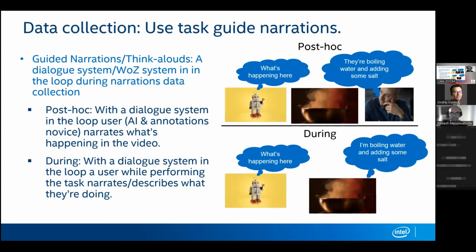We get the system in, and the system asks questions about the video to this person in the loop. So these narrations help us get these weak labels. The second one is the during, a process demonstration. This is when someone is cooking and the system asks questions to the person who is performing the task, and we get the narrations and weak labels.